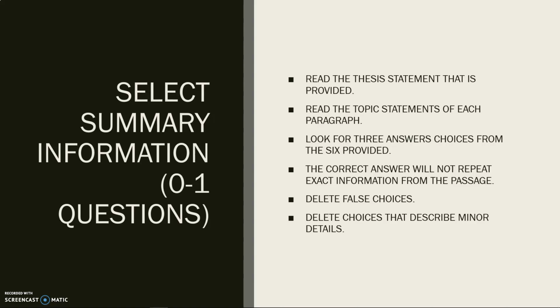The strategies that you can use to answer summary chart questions are the following. First, you have to read the thesis statement that is provided. Understanding this statement will help you to select answers that are related only to the main idea of the passage. Then, read the topic statements of each paragraph.